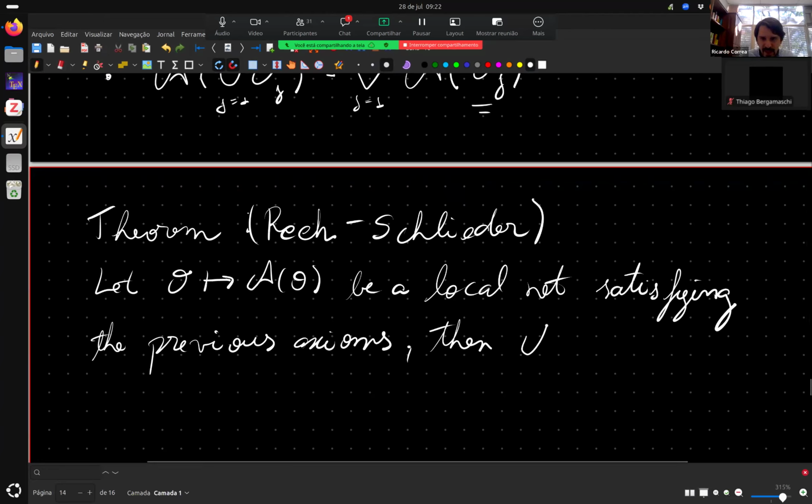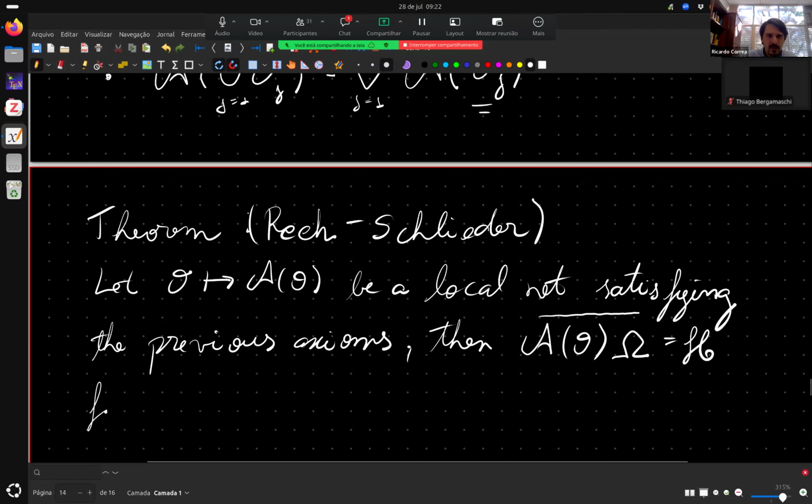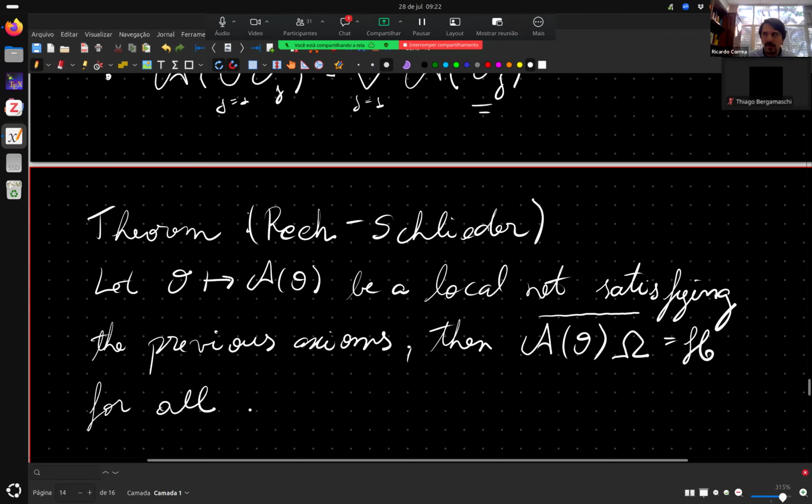Then if I look at the algebra of any region, no matter how small the region is, and act with this algebra on the vacuum and take the closure, it gives me the whole Hilbert space for any region.